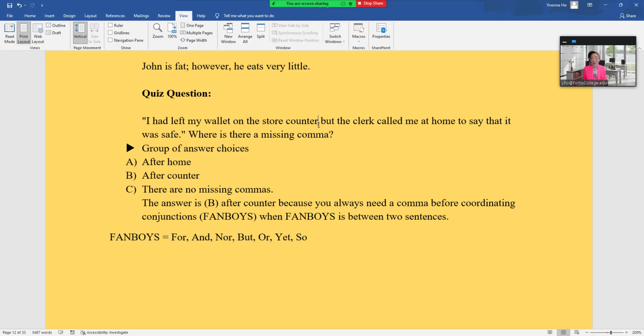Remember, Mary is stupid, comma, but John is smart. You need a comma before but. So this sentence is missing its comma. The missing comma is after the word counter, because when you have FANBOYS, you need a comma before the FANBOYS.